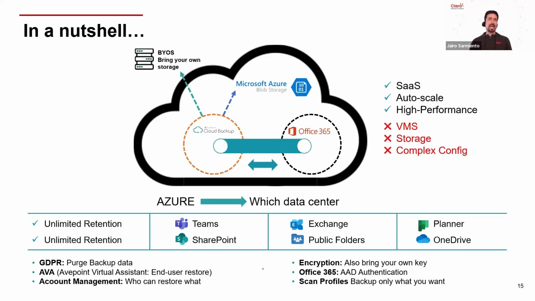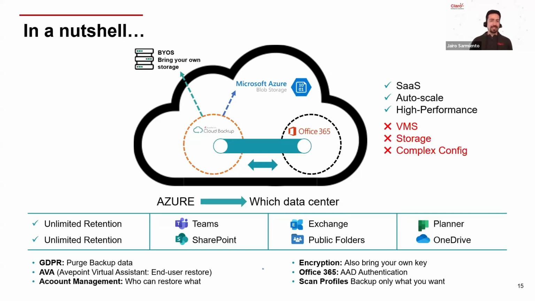When that happens, it usually happens when you need data sovereignty, when you need to have your data in the same location where you are. That happens, say, for example, in Europe, with the GDPR, or in California with CCPA, where you need to have the data local. So that's when you can bring your own storage.